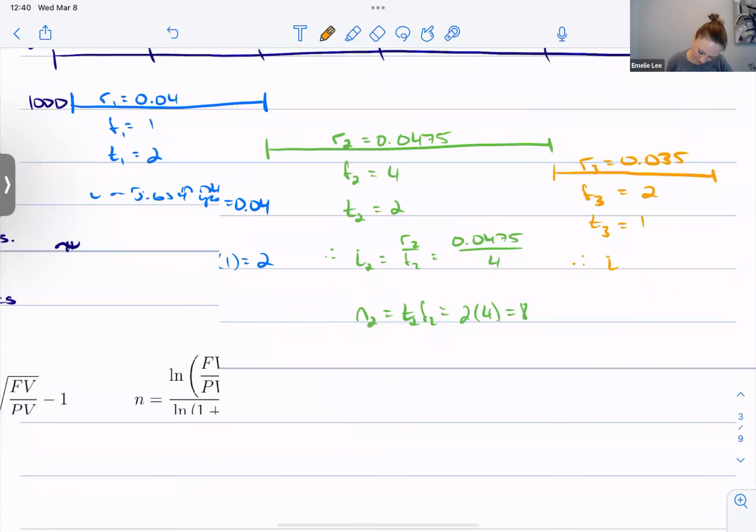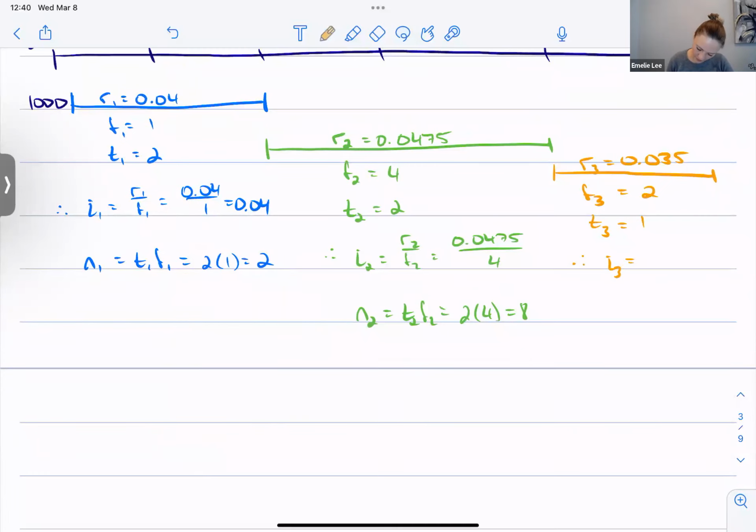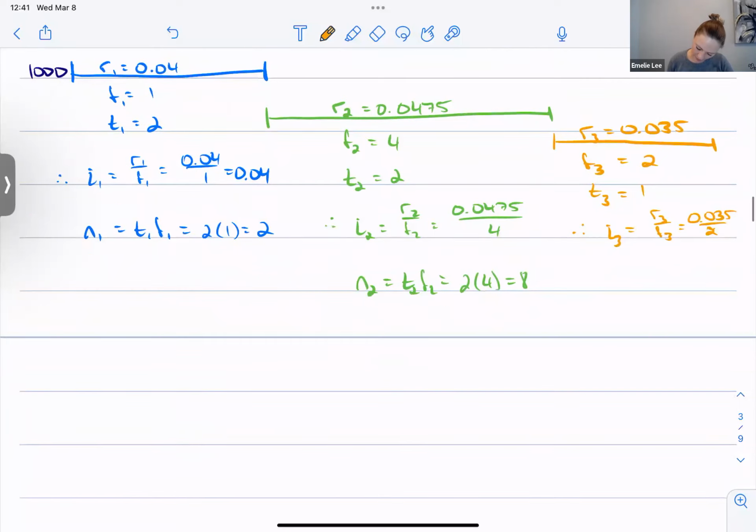So therefore, I3 is R3 over F3, 0.035 divided by 2. And N3 is T3 times F3, which is 1 times 2, which is 2. A little cramped there, but that's okay.